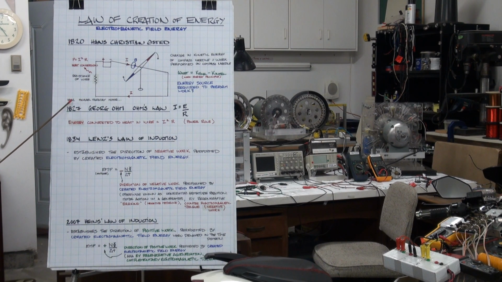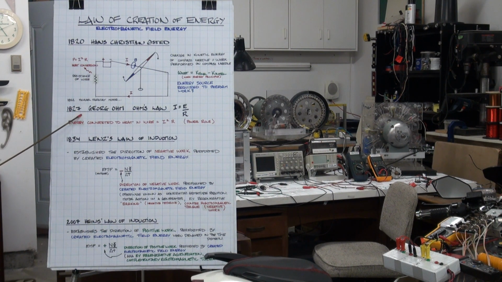Now, in the description box below, you'll find an article that is the history of the law of creation of energy. It goes into more detail about Faraday's motor and Ohm's law and so on.